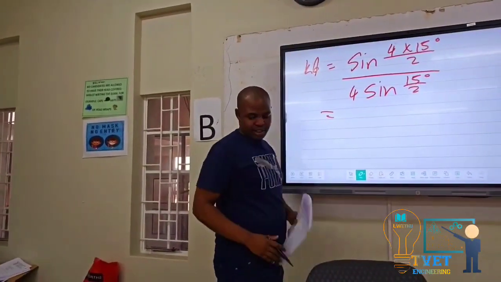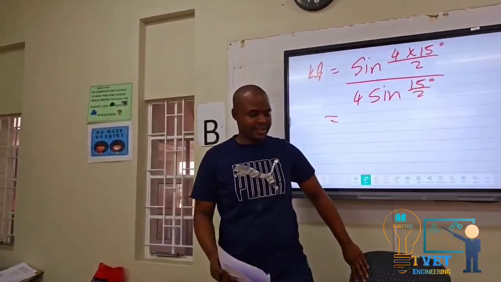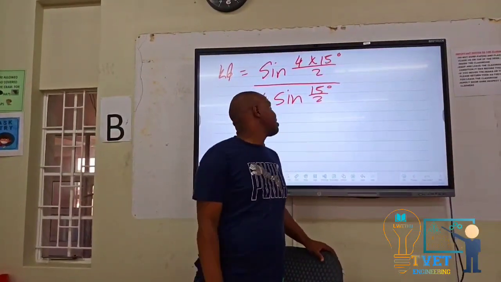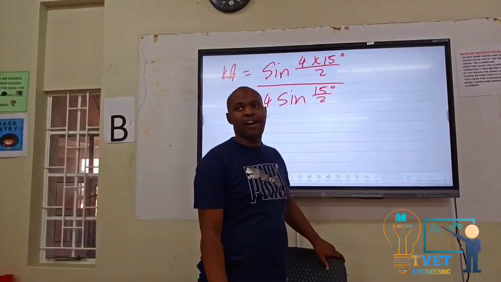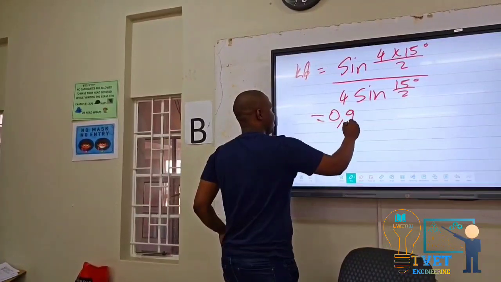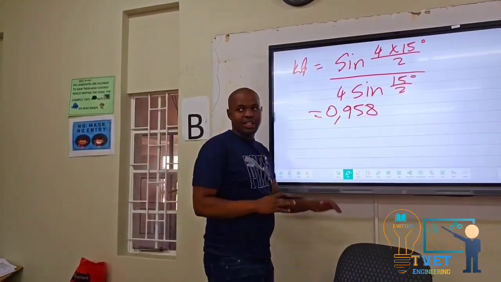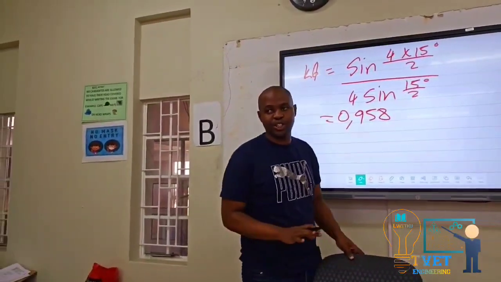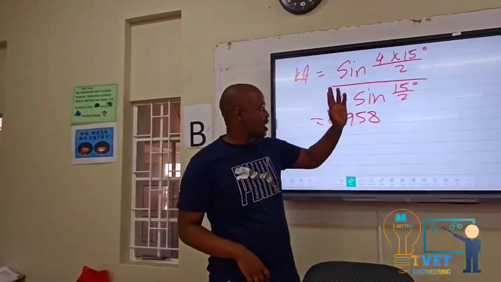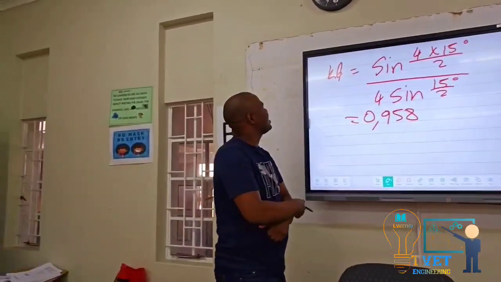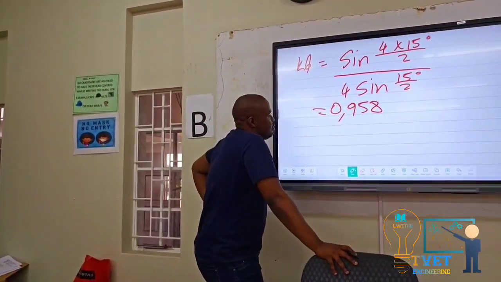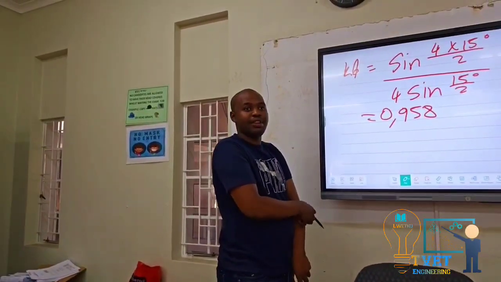As you calculate, it is 0.958. The distribution factor and the pitch factor normally range in the 0.9s, and not below 0.8. We have found the distribution factor.